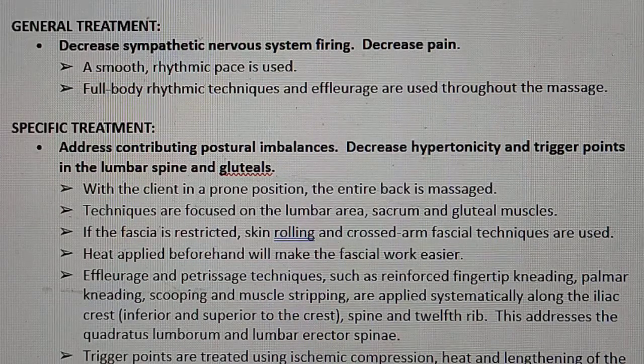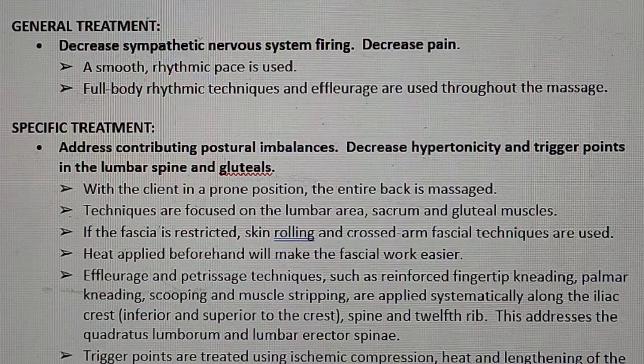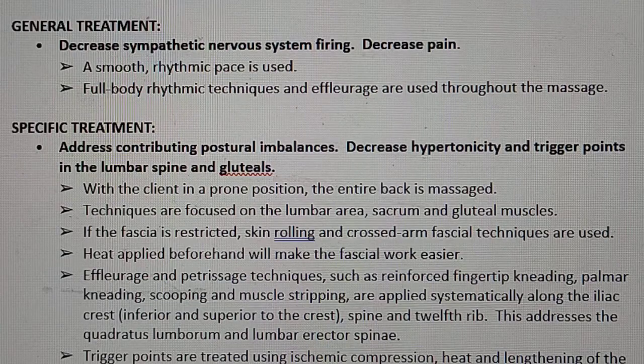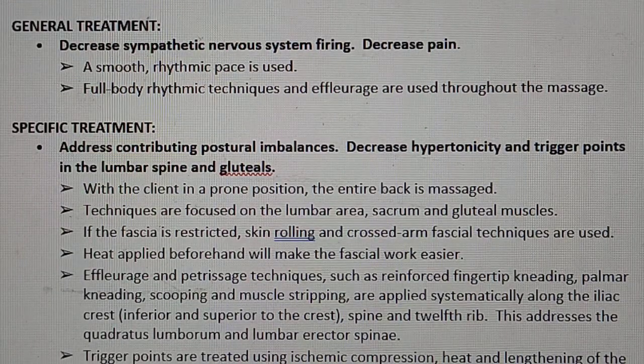So any area with hardened or tight tissue with pain, and most of that has referral pain, then you have to reduce those trigger points in the lumbar spine, the lower back area, and the gluteal area, which are your buttocks muscles. Okay, other information, just read on this, guys.